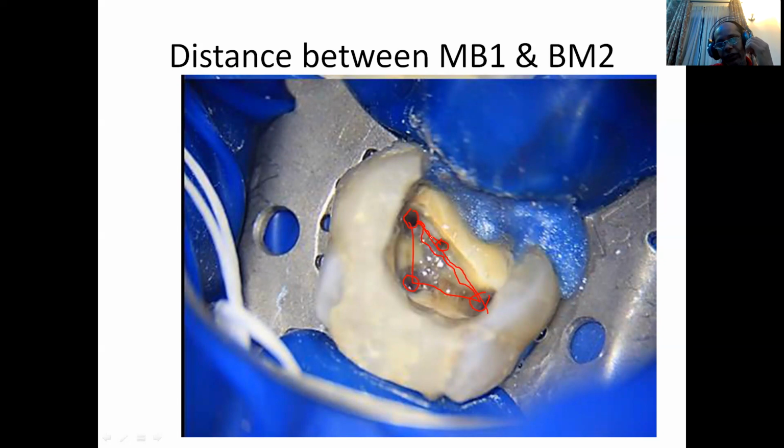Okay, so as I told you, it is not visible initially when you open the tooth, sometimes it is, but mostly it is not visible. So you have to remove the dentine over it and expose it, and then it is clear.